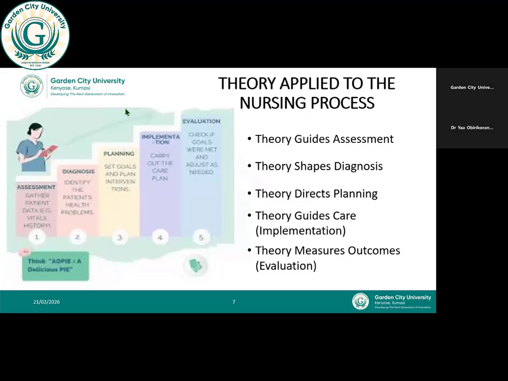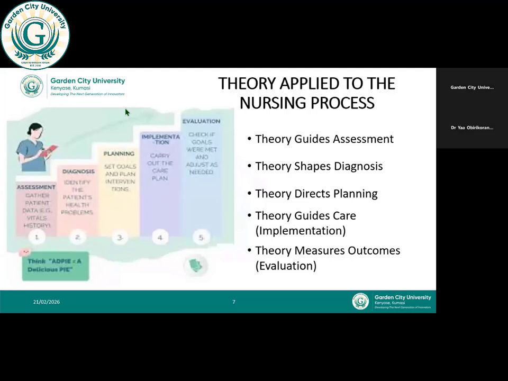And how can a theory help you in collecting data? A nursing theory will guide your assessment. So for instance, again, I am using Dorothy Orem's self-care theory.